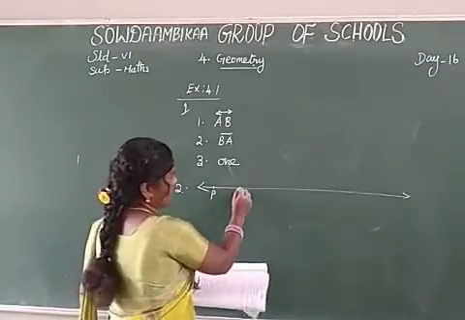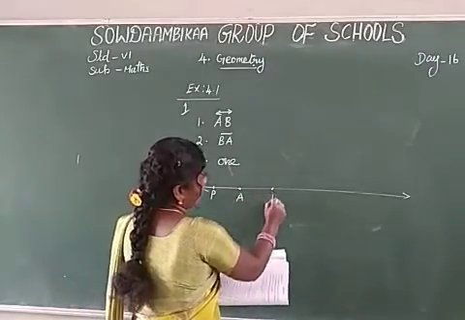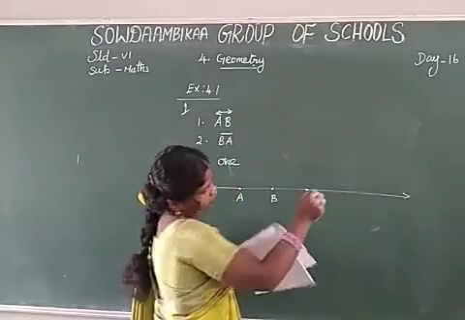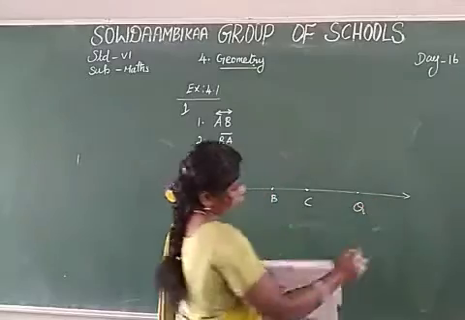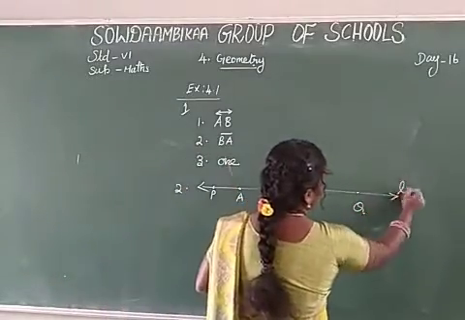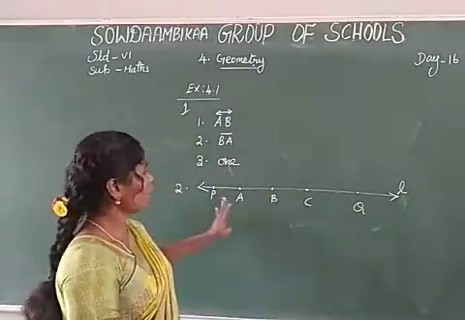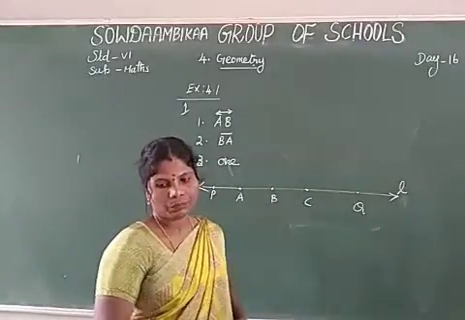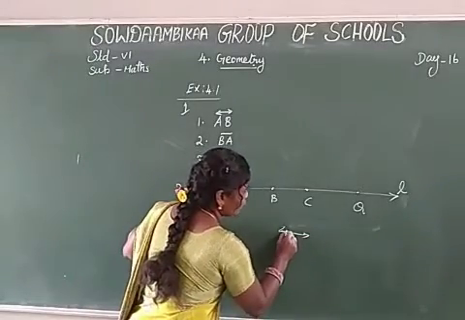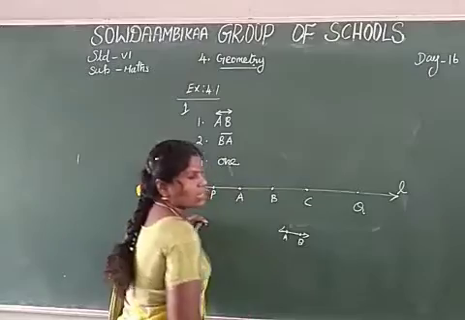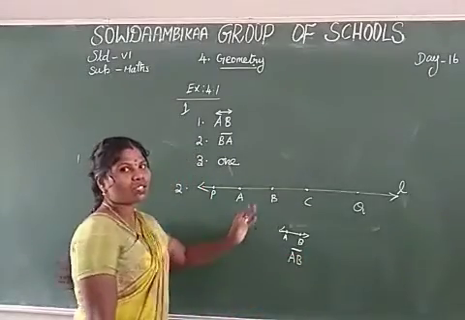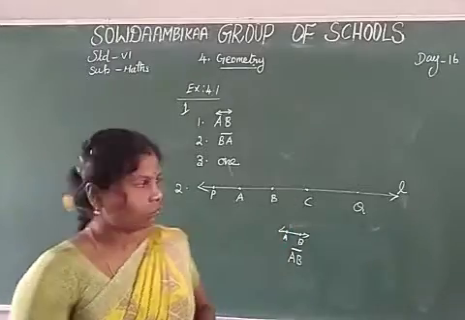P, A, B, C and Q. This is line L. The line segments are P, A, B, C, Q. Listen carefully. This is line segment AB, because it has one starting point and another ending point.